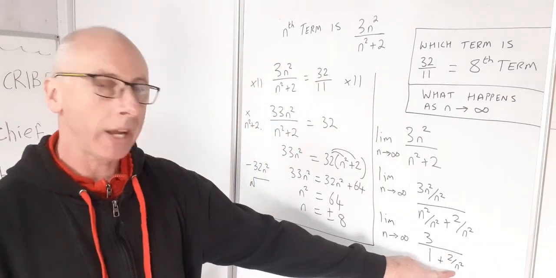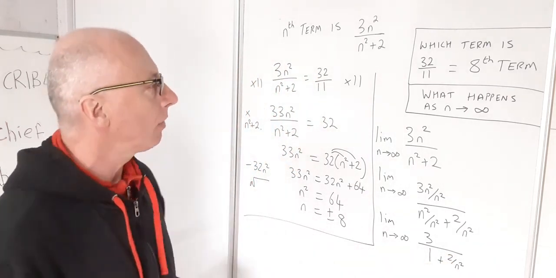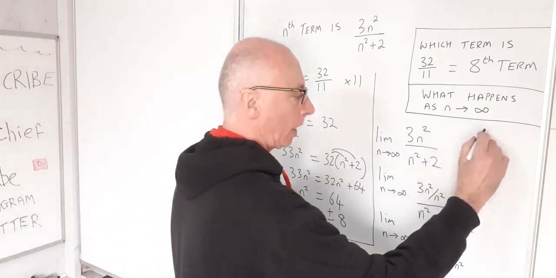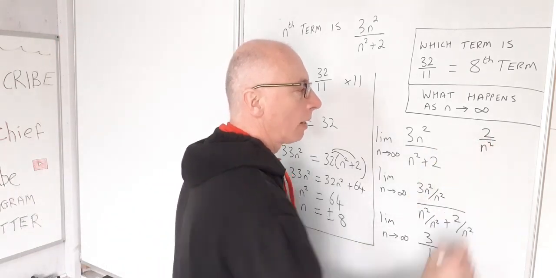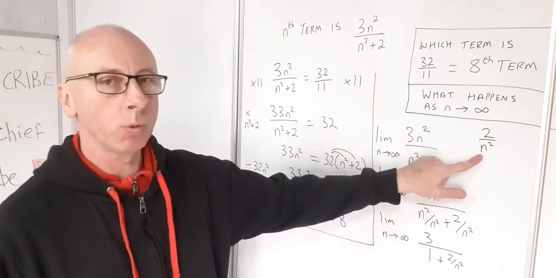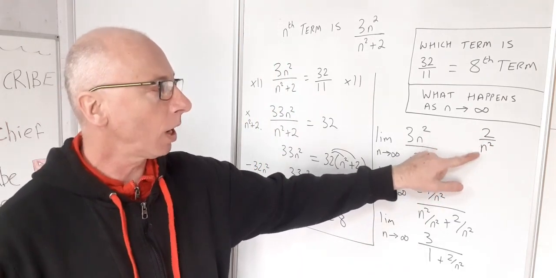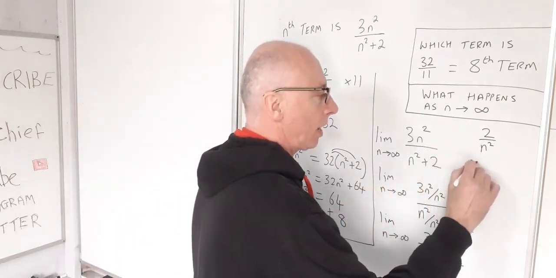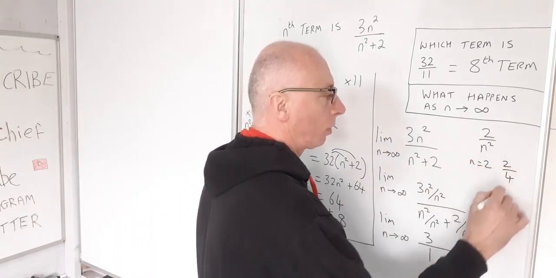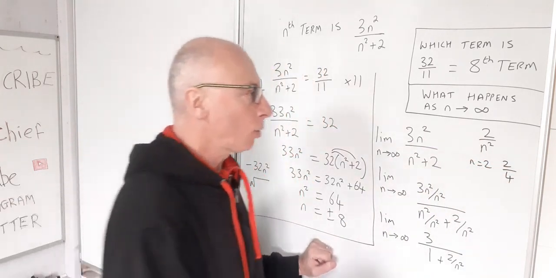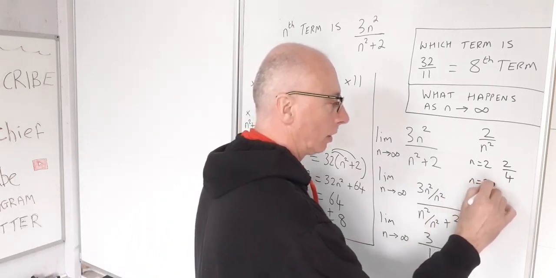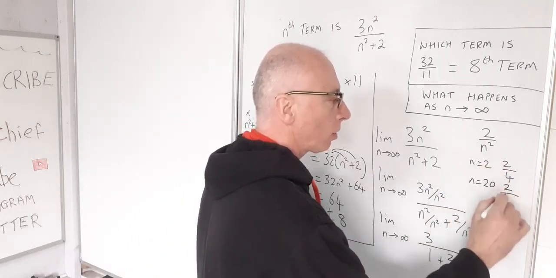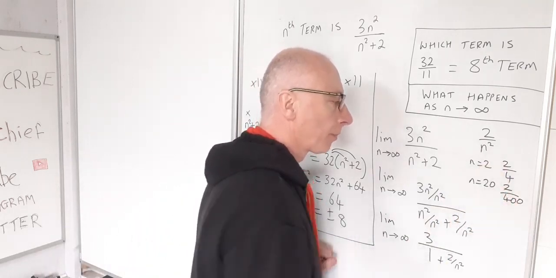Now 2 over n squared, let's just have a look at what happens here. If n equals 2, I've got 2 over 4. If n equals 20, I've got 2 over 20 squared, which is 400.